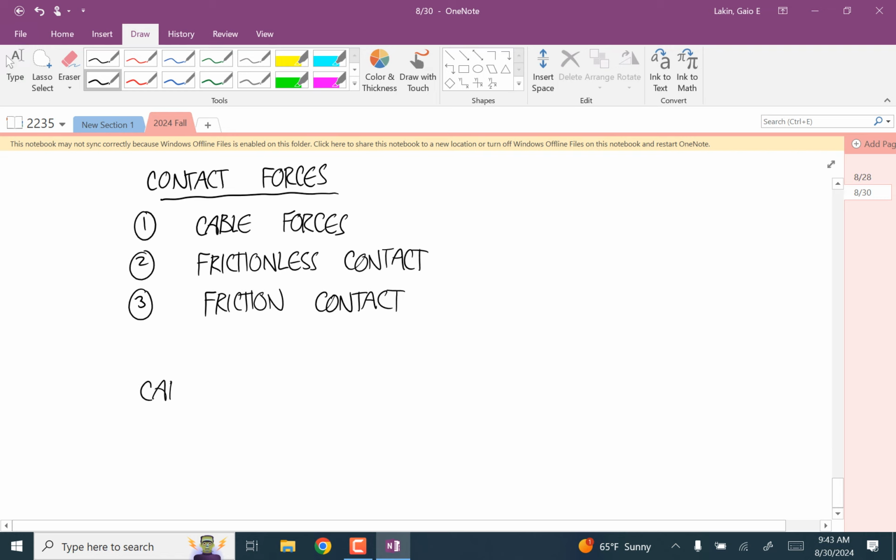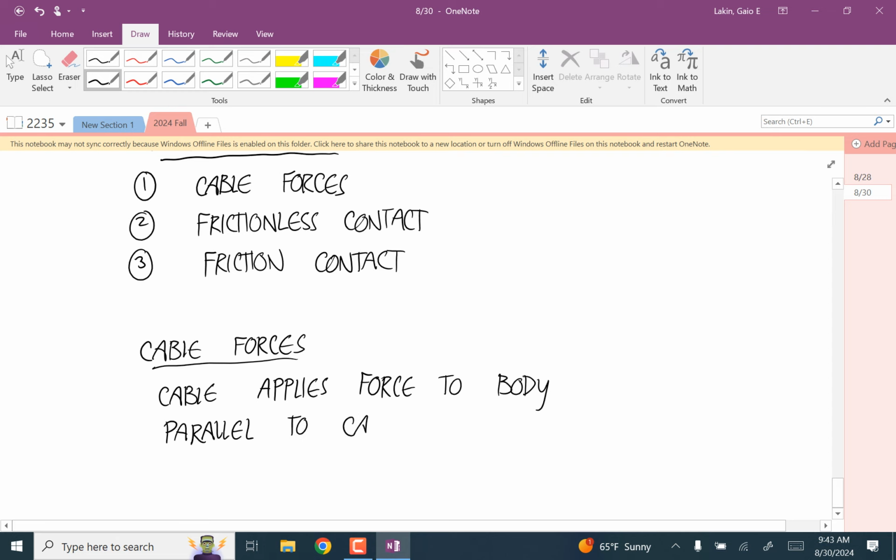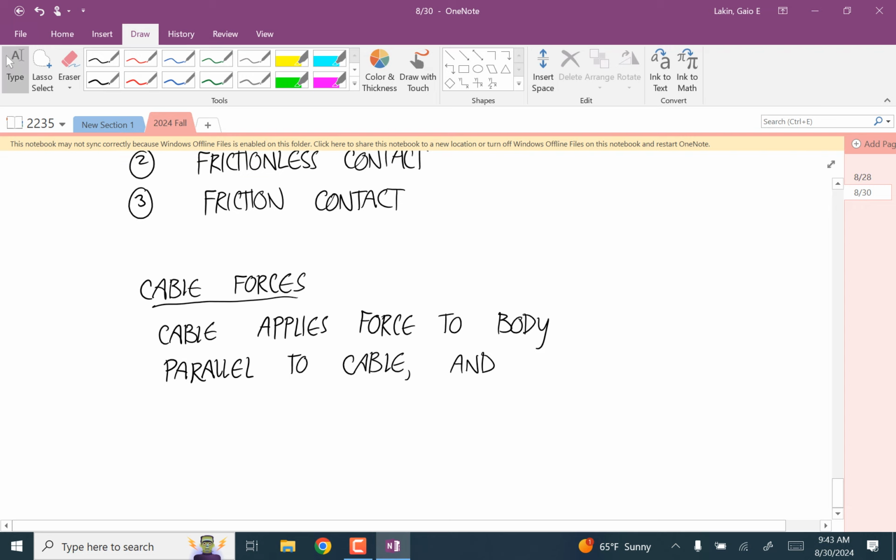So I'll start with cable forces. A cable applies a force to a body that's parallel to the cable and away from the chosen body.